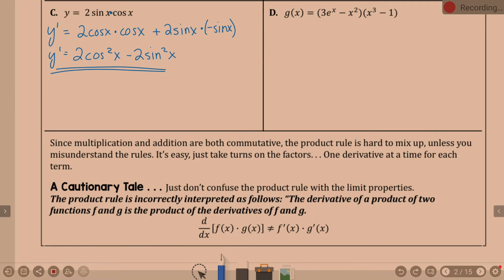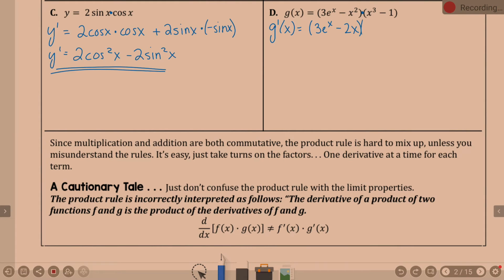Okay, one more in this section, I should say. G prime of x, you see the two pieces being multiplied, right? Derivative of the first, keep the other. So derivative of 3e to the x minus x squared. So derivative of 3e to the x is 3e to the x minus derivative of x squared, minus 2x.